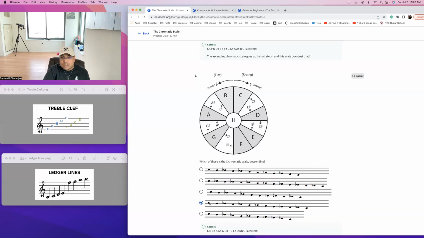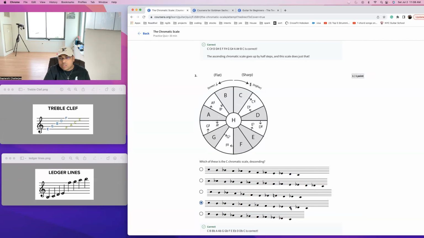Let us walk through this. It comes from C, and after C, a half step down is B. In the same position, B flat, and a half step down from B flat is A. If you look at this A in the treble clef image, this position is indeed A. See, this gap is indeed A. Then a half step down at the same position, A flat, then G, G flat, F. From F, if you go a half step down, you directly go to E. Then in the same position, E flat.